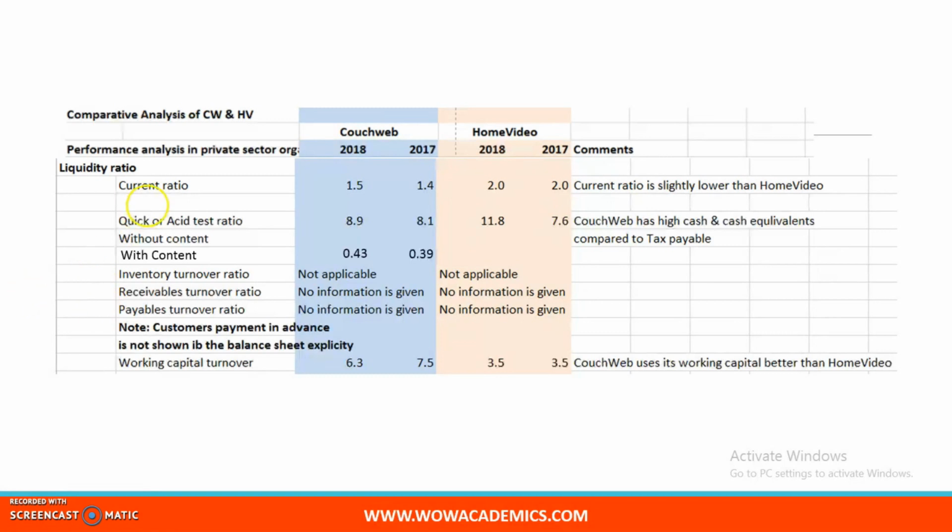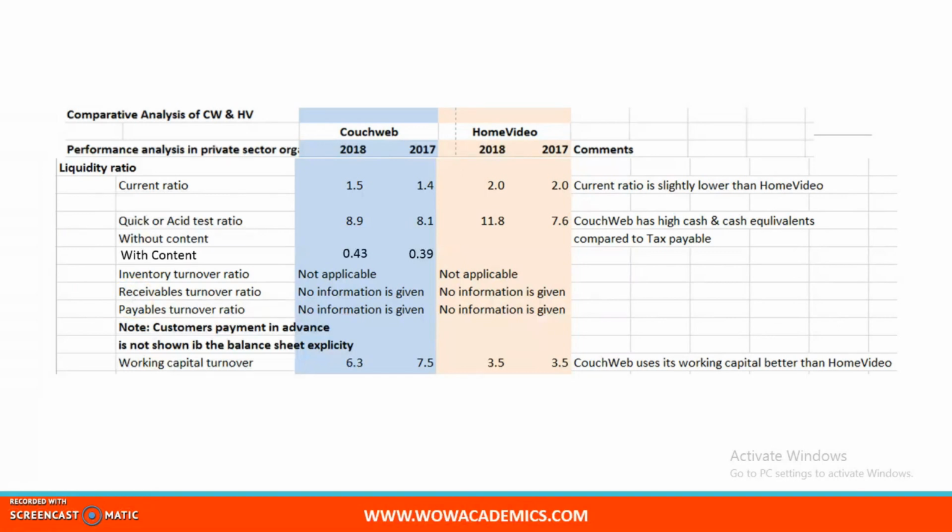So can we work out the inventory turnover ratio? No, we can't do it. Why? Because the company does not have much of an inventory. We can take it as the content and work it out, but I still don't think that would be a meaningful ratio for this company. So we'll move on to receivables. Does the company have receivables?